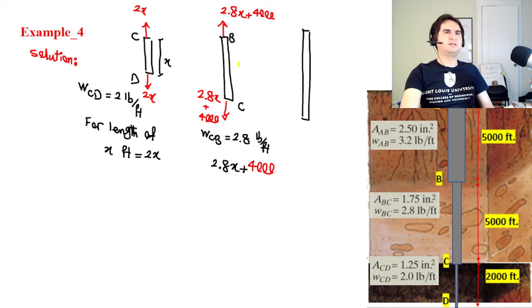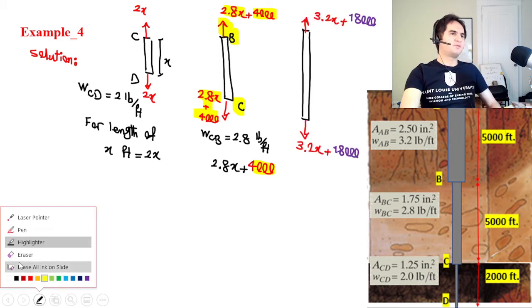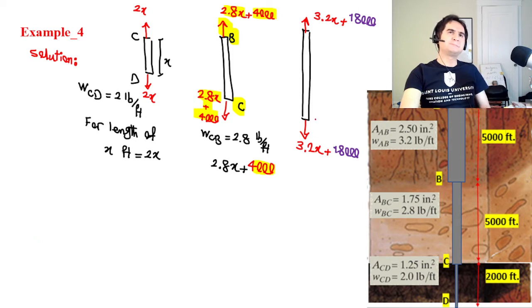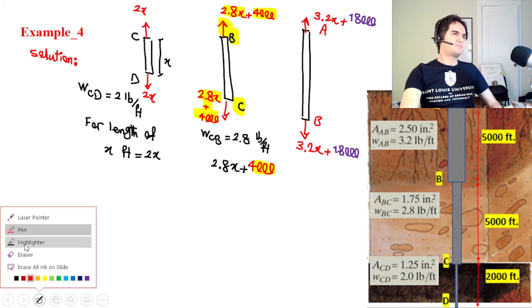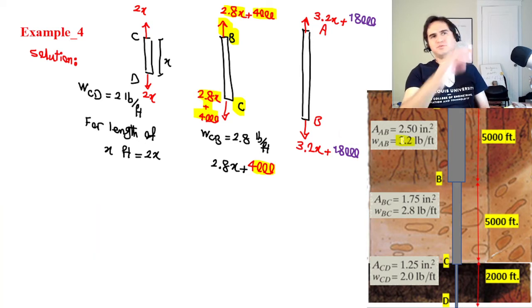So if we consider an element of x, it's 2.8x plus the hanging weight of shaft CD, which is 2 times 2000 feet, which is 4000 pounds force, applied as a tensile force to both ends of BC. Likewise for shaft AB, the unit weight is 3.2 pounds per foot.